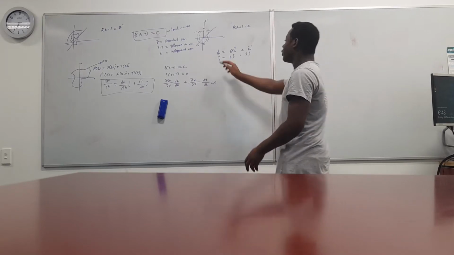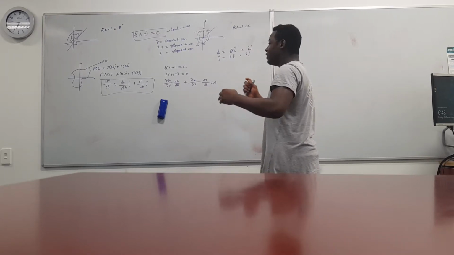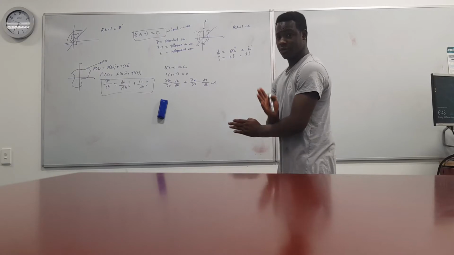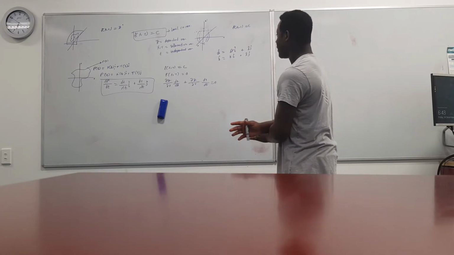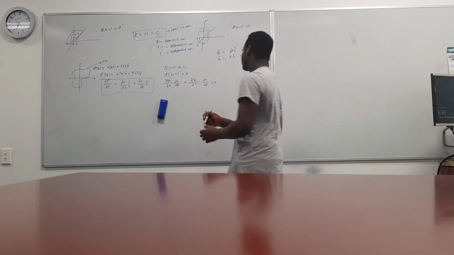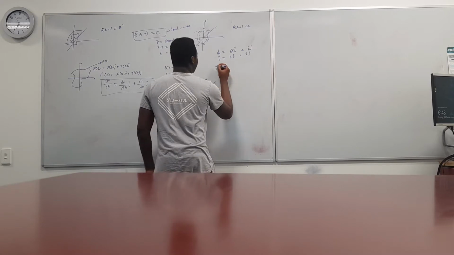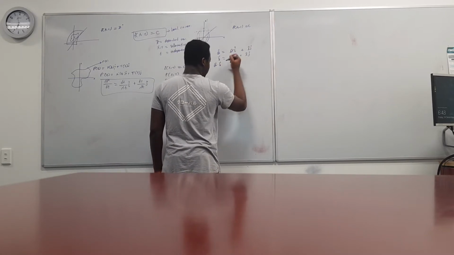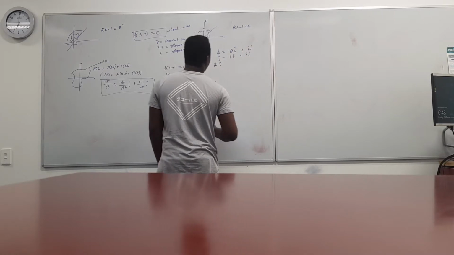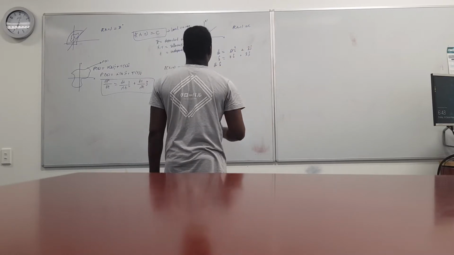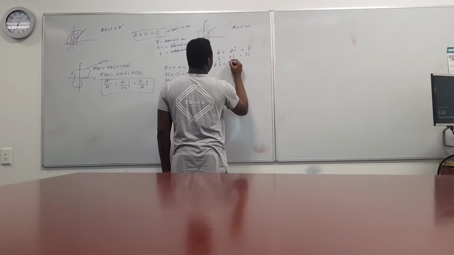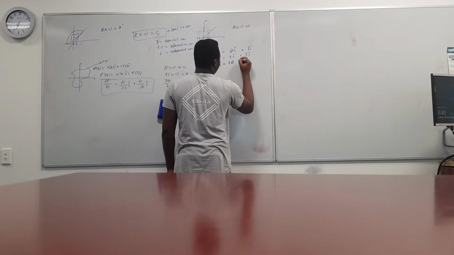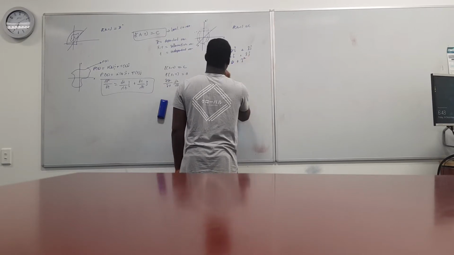Therefore, if you do A dot B, you multiply this and this, so the i goes away, and you have k phi plus lambda squared.